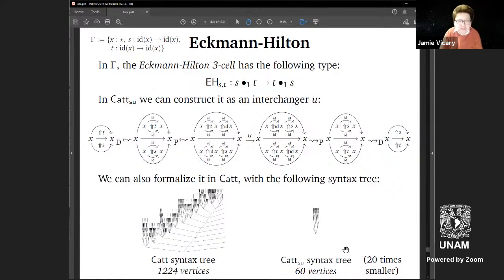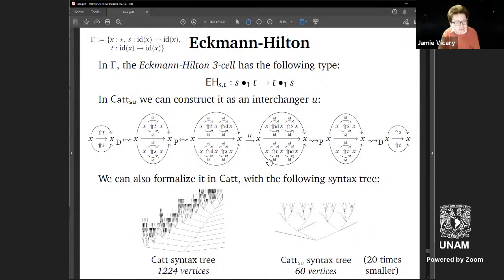Okay. Now the syntax tree is what you actually have to write out as a mathematician to give the fully rigorous composite. So obviously this is much simpler, 20 times smaller, and I've drawn it to the same scale for sort of comedy value. This is drawn to a nicer scale.